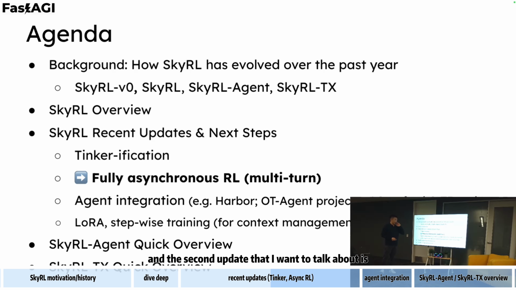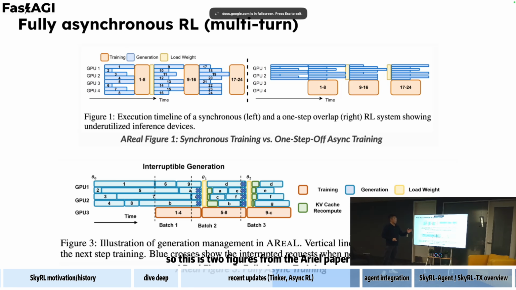And the second update that I want to talk about is fully asynchronous RL, single turn or multi-turn. These are two figures from the paper, which was released sometime last year. This is to motivate what fully asynchronous RL actually is and why we need it.